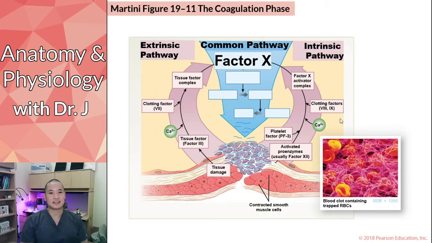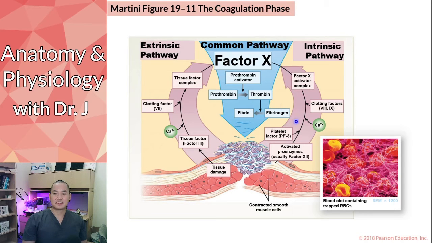So factor X, the X factor, is the first step of the common pathway. Regardless of the injury, whether it's extrinsic or intrinsic, it will activate factor X eventually. So what will factor X do? It converts the protein prothrombin into an active enzyme called thrombin.